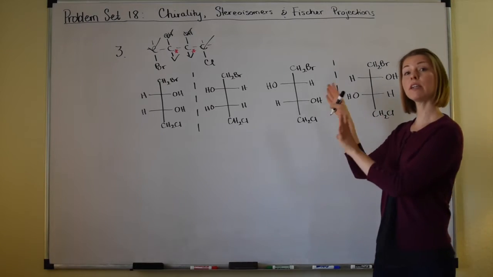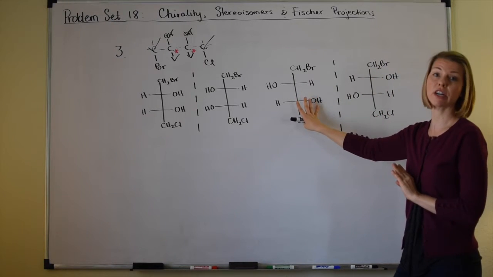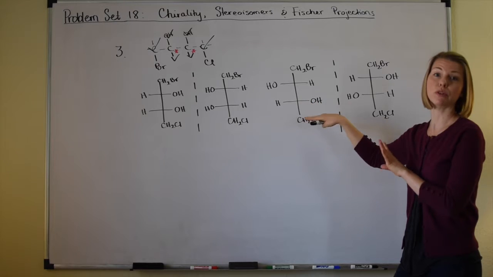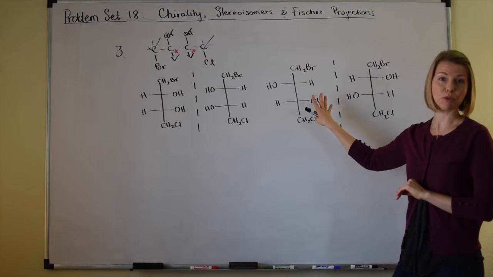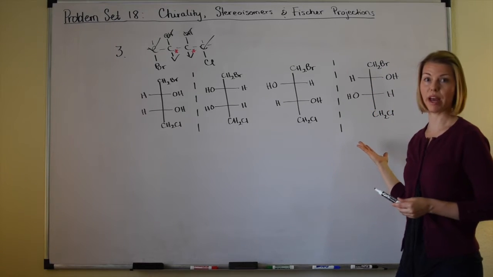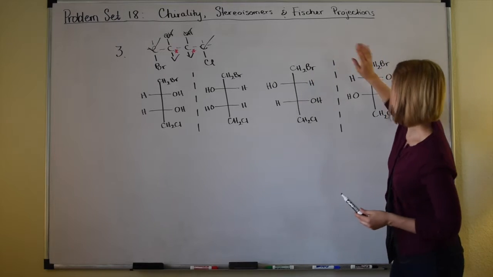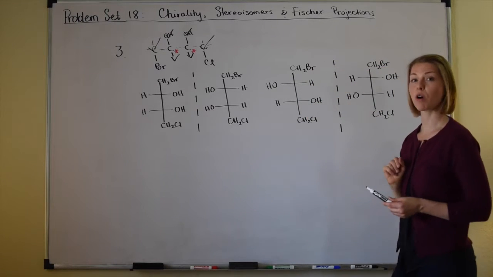And again, any way you try to lay this one on top of this other one over here, no matter how you move it, it's never going to superimpose. Obviously if you lay it straight over it, the OHs are going the wrong way. If you try to move it this way, the OHs are still going the wrong way.